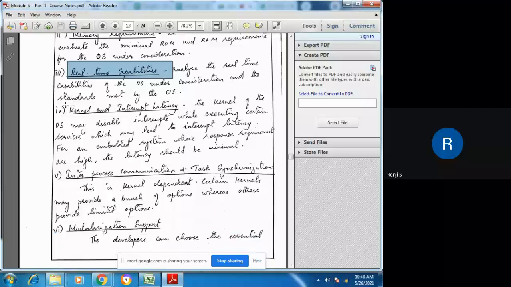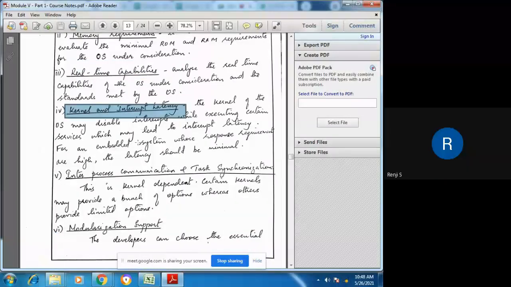Then kernel and interrupt latency. In an RTOS, most of the functions in the system happen with the help of interrupts. Whenever an interrupt occurs, the time taken to service those interrupts should be reduced. The time taken to service the interrupt is called interrupt latency, and that should be minimal.